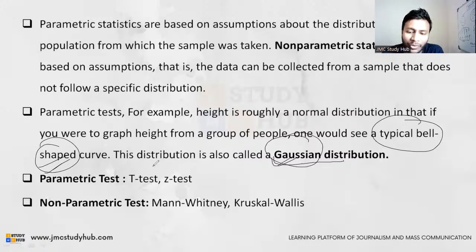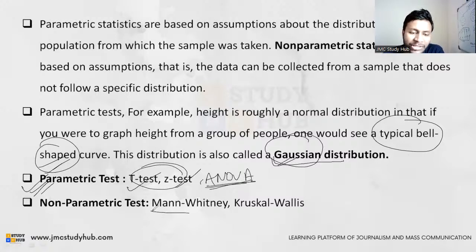Okay, so we told you that example, which examples come under which type of test. Under the parametric test come the t test, z test, many more, and ANOVA also comes under this, right? So ANOVA also comes under the parametric test, whereas we discussed Mann-Whitney and Kruskal values, they come under the non-parametric test.